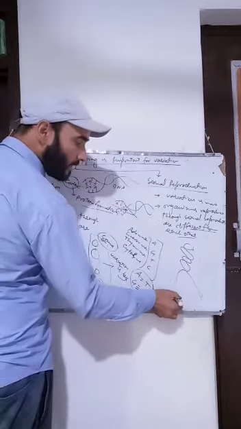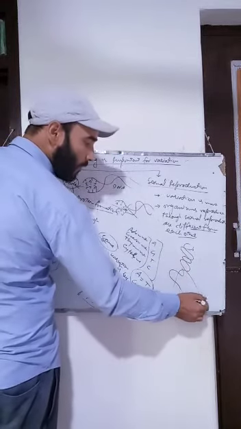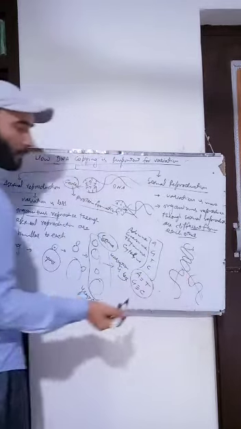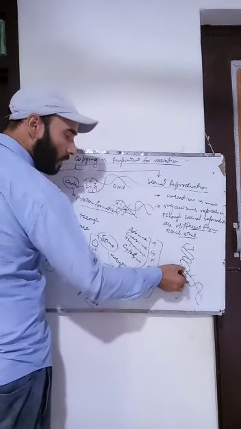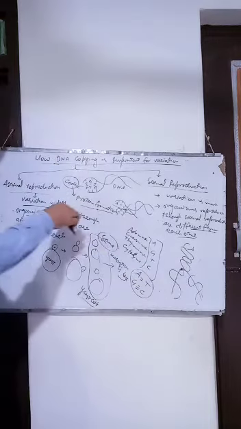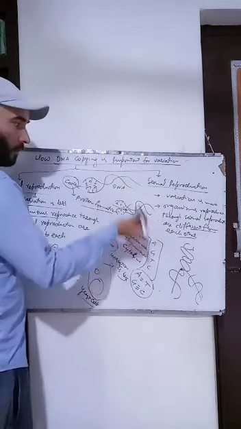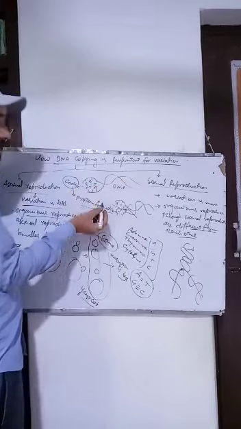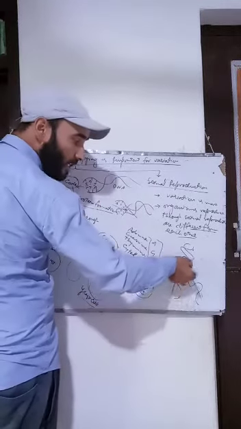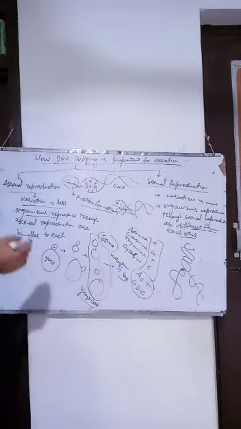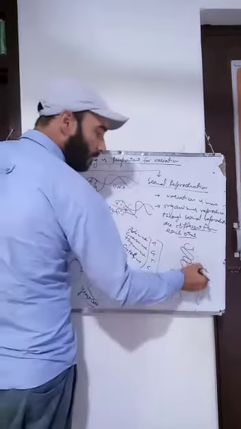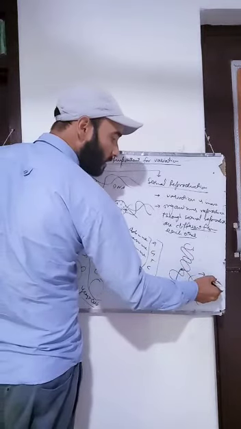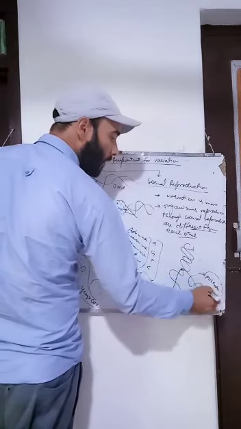From this strand another DNA will be formed, and from this strand another DNA will be formed. That means the basic code of the DNA is followed. Because the new DNA is formed from this, there is a least chance of mistake. A mistake may occur, but the chance is least.